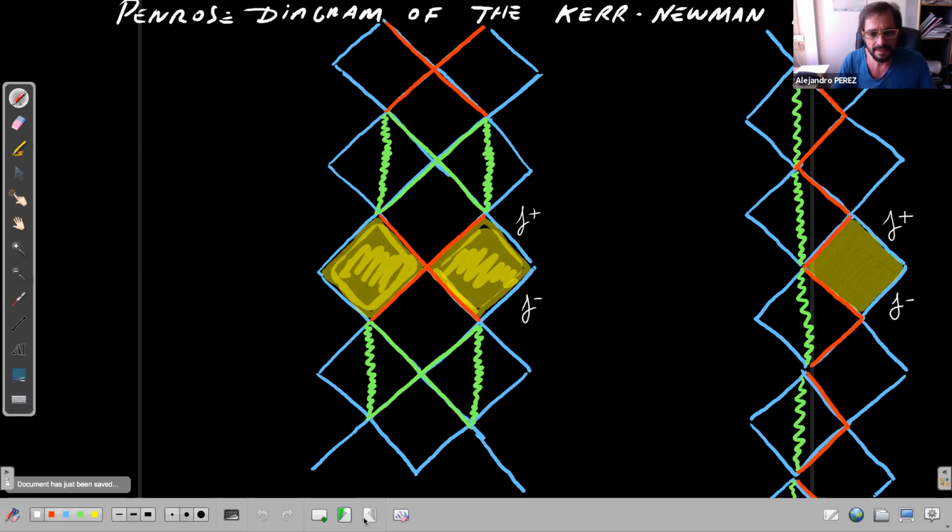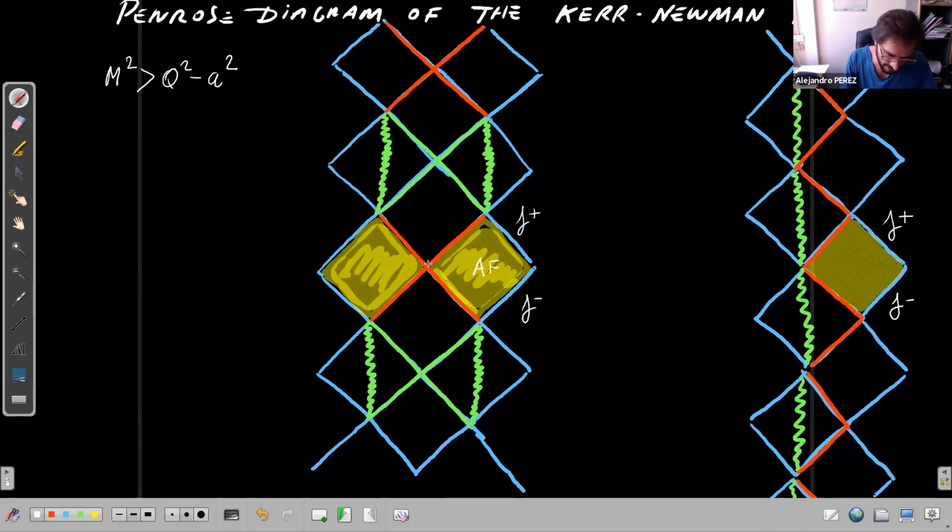Here on the left, we see the non-extremal case, which corresponds to M squared strictly bigger than Q squared plus a squared. You have not only more than one asymptotically flat region, like in the Schwarzschild black hole, but infinitely many such asymptotically flat regions.